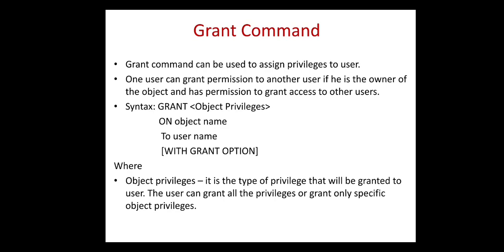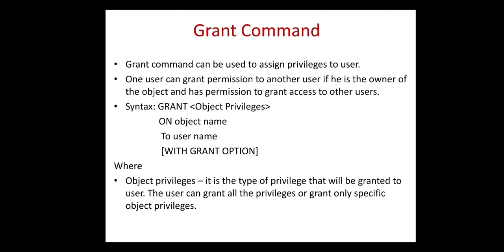So for all these things there is the syntax of the grant command. We will see this: grant object privileges on object name to username with grant option. Grant is the name of the command. Object privileges means a list of object privileges, a type of privilege that will be granted to the user.